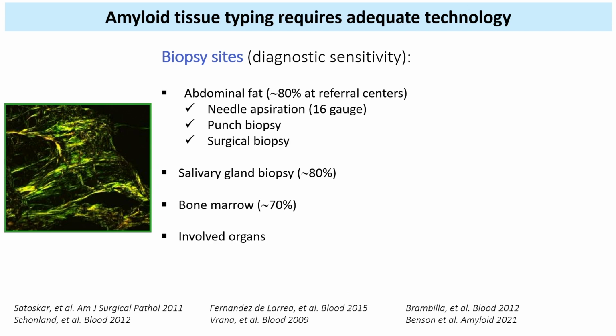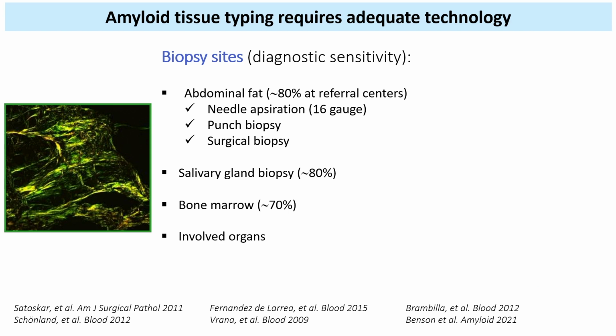Both are called surrogate, but I don't like this word. I used to say that they are diagnostic sites, because for both ATTR and AL amyloidosis, if we have amyloid deposits in the fat aspirate or in the salivary gland biopsy, we can reach the final diagnosis with a correct typing.